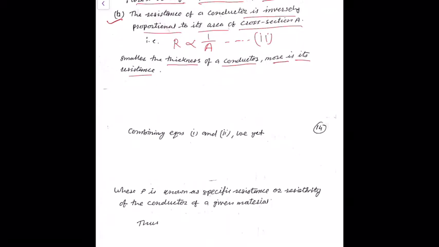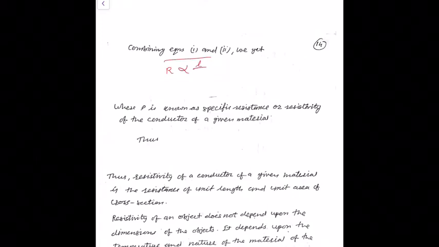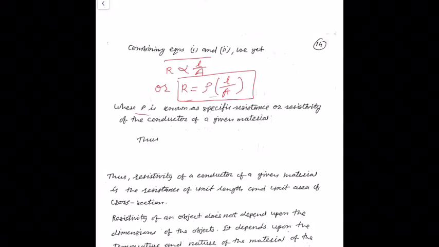Combining equation first and second, we get R is proportional to L upon A, or R is equal to rho into L upon A, where rho is known as specific resistance or resistivity of the conductor of a given material.